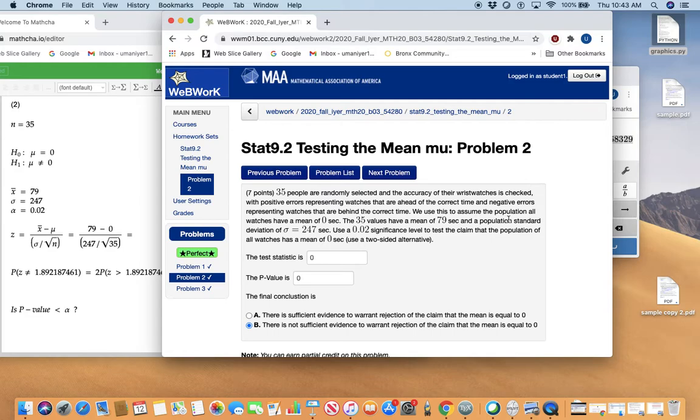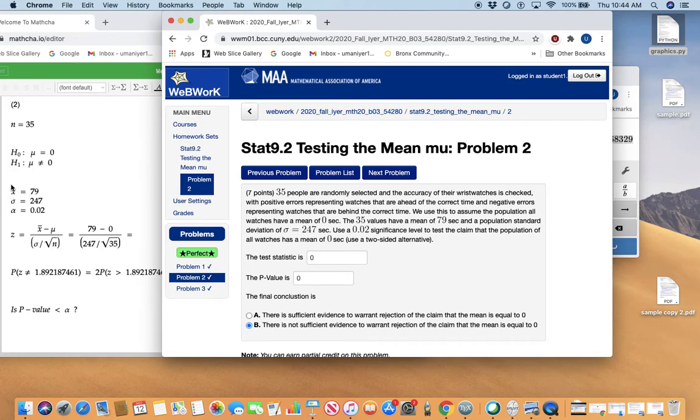We use this to assume the population of all watches has a mean of 0 seconds, right? So mean equals 0, that is my null hypothesis. That's my null assumption, right? The 35 values have a mean of 79.